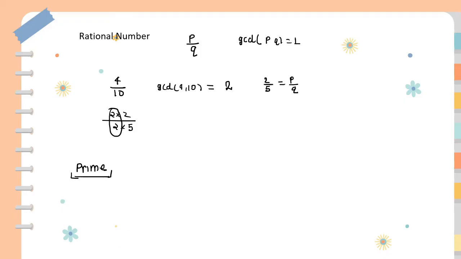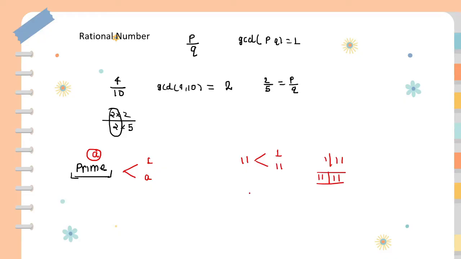A prime number is basically a number which has only 2 factors. Let us assume a prime number a. So a will have only 2 factors, that is 1 and itself, a. Let us assume a number, 11. So 11 has only 2 factors, that is 1 and 11. So 1 will divide 11 and 11 will divide 11. So only 2 factors are there.